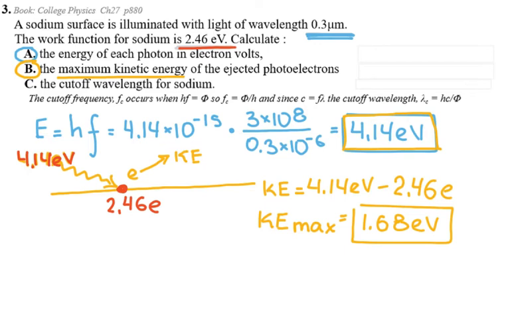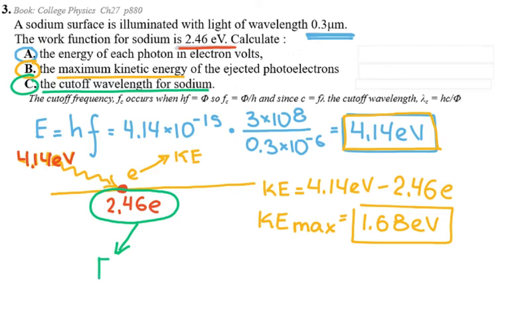For the next part, they ask you to find the cutoff wavelength of the sodium. When they say cutoff wavelength, they mean the wavelength needed to pull out the electrons from the sodium. So it's like the sodium has a cutoff wavelength that is needed to pull out the electrons. To find it, we can write the work function.